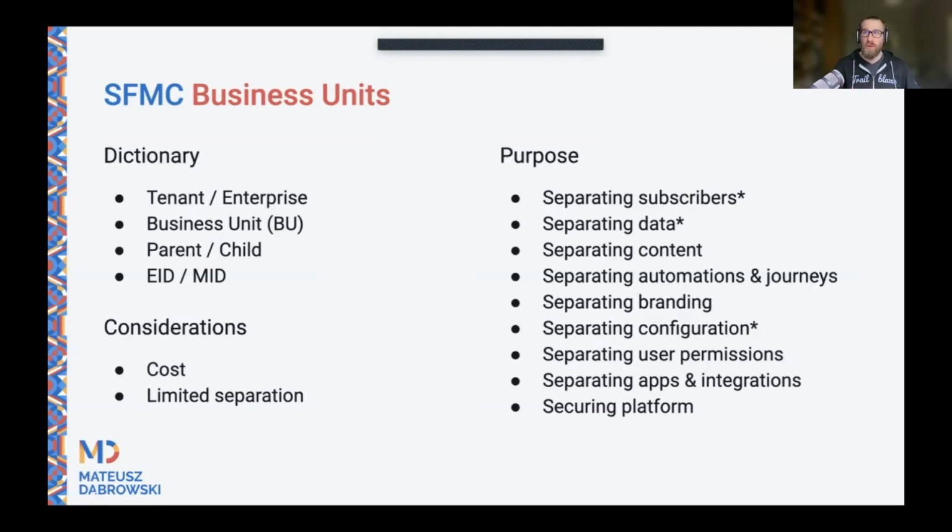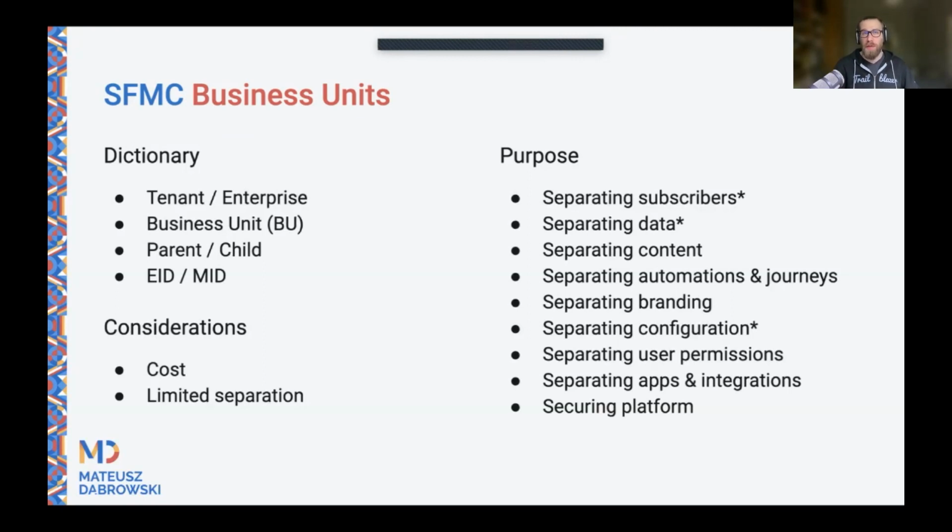While there is a solution on the business unit configuration level to filter subscribers per business unit based on the profile attribute, you can still access them through SQL, through SSJS and AMPscript. There are ways to get it. You can make it hard, you can make it complicated, you can obfuscate access to the full data, but if someone knows what to do, they will be able to get to the parent data.